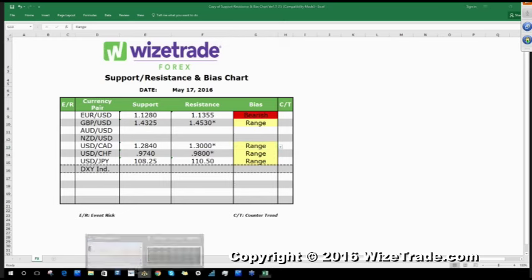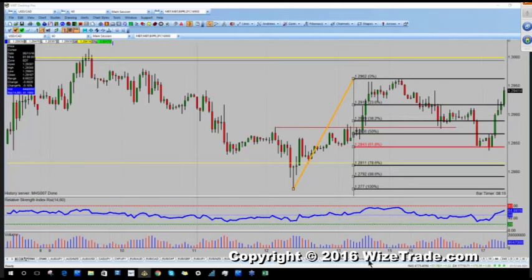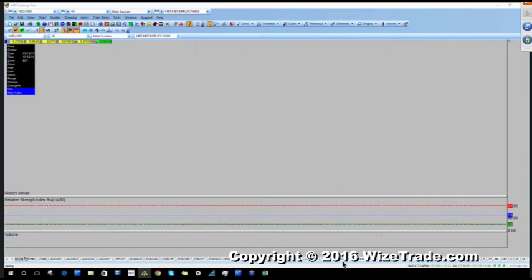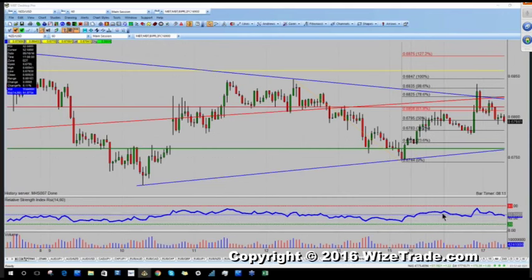All right, let's take a look at the Kiwi. Now, the Kiwi rallied overnight with the Aussie. The RBA meeting minutes came out.